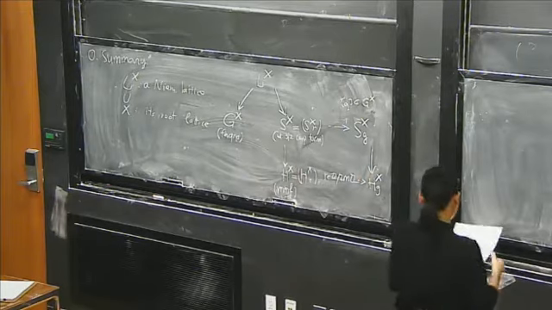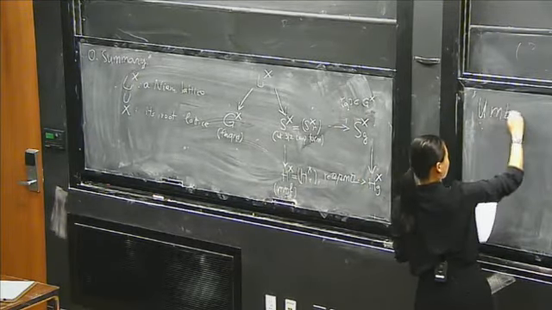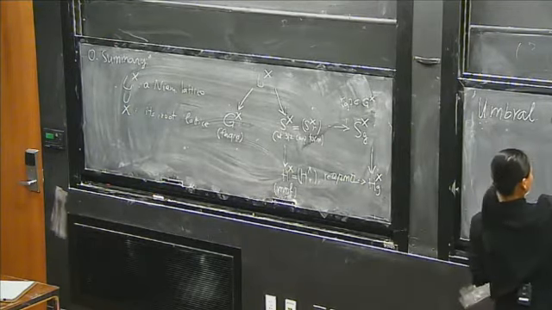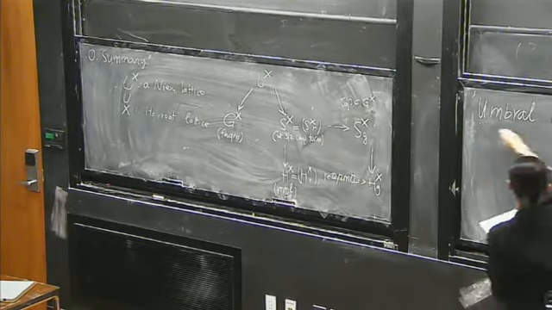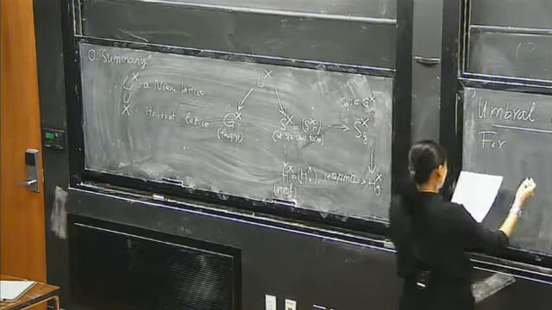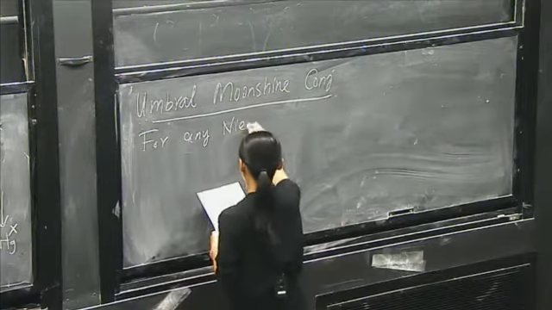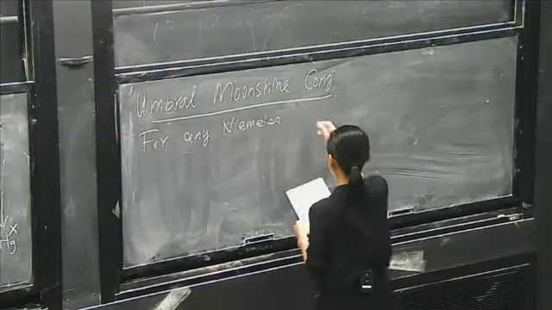With this data, then Umbral Moonshine has the following content. It says that take your favorite Niemeyer lattice. There are 23 of them.